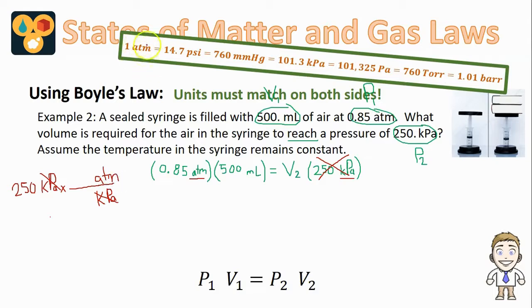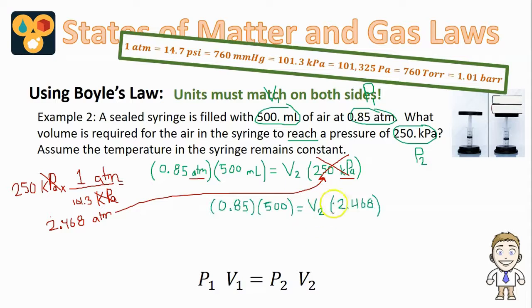That conversion we can find from this list of units at the top of the video that says 1 ATM is equal to 101.3 kPa. So the 101.3 goes on the bottom, and you simply have to divide and find out what this pressure is in atmospheres. After dividing, we find out that 250 kPa is 2.468 atmospheres, which I'll substitute in to the P2 in my equation.